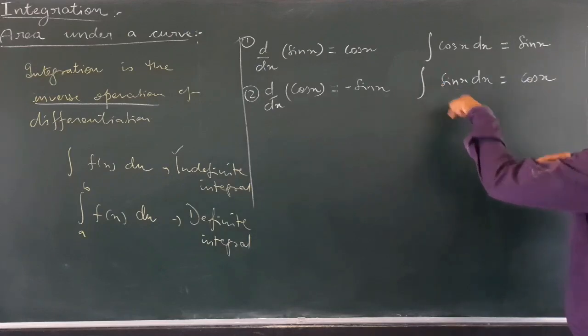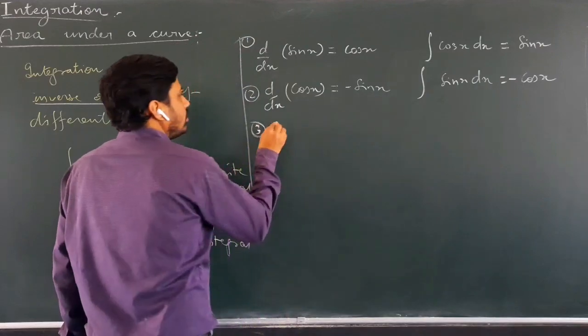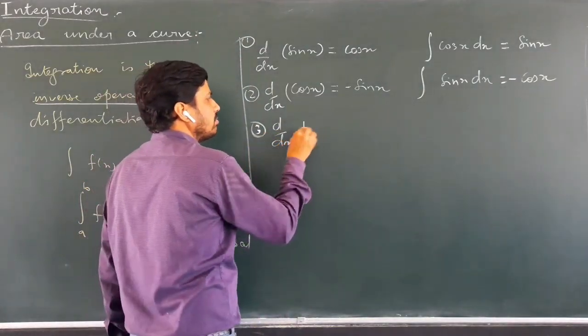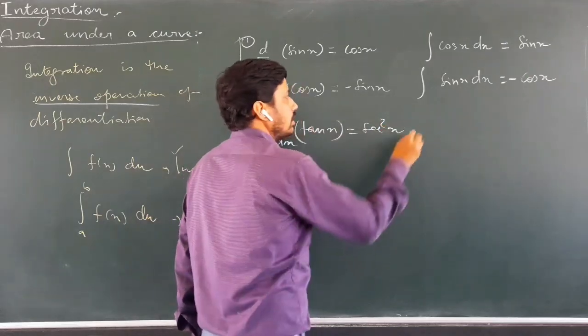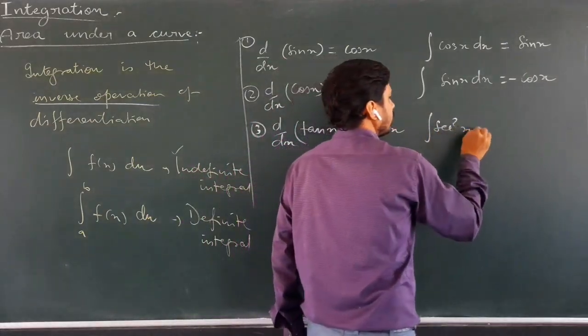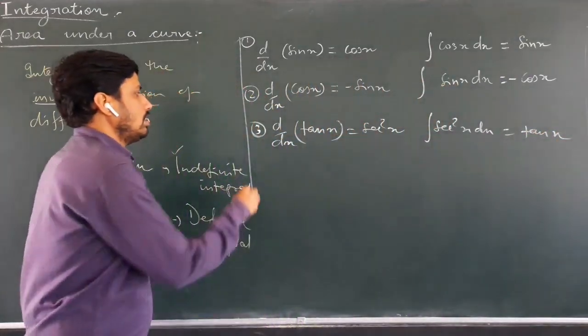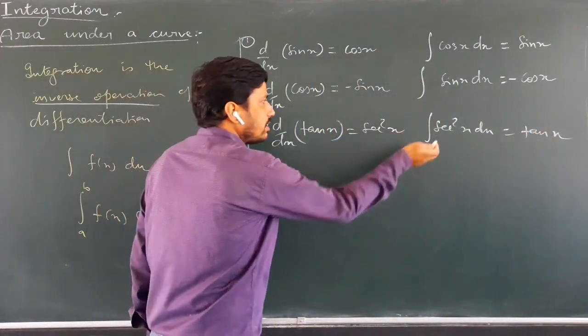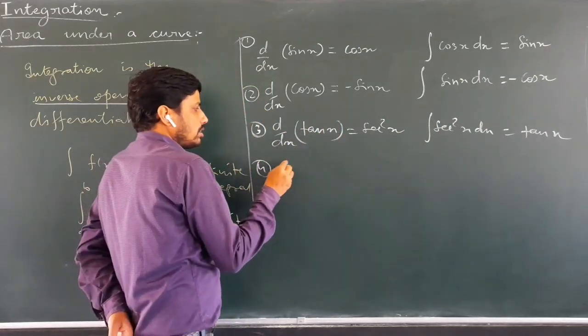Now this minus sign you can take to this side. Likewise, we can write many examples. So you need not memorize them. If you remember the derivatives, you know the integrals for these functions.